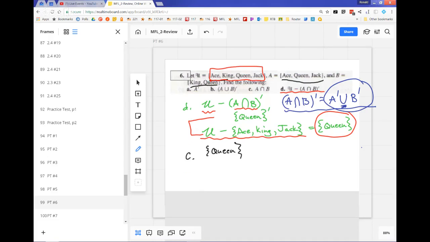So what is A complement? Ace, queen, jack, it's just a king. Right. Since B was complement also, I thought it was an empty set. For B, what's B complement?